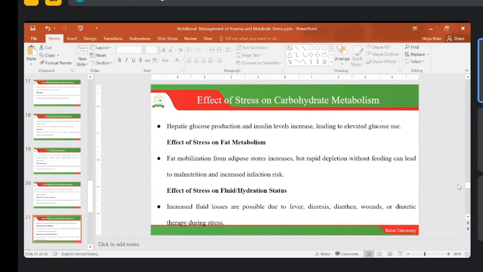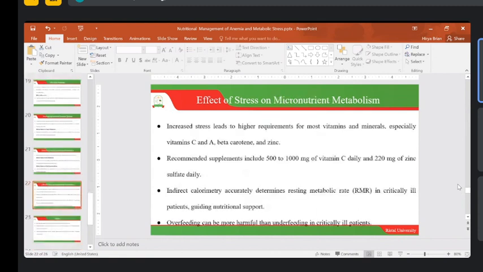Here is where we talk of the abdominal fat deposits, but rapid depletion without feeding can lead to malnutrition and also increase the risk of infection. And for the effect of stress on fluid and hydration, we are looking at increased fluid losses, possible due to fever, diuresis, diarrhea, wounds, and also diuretic therapy that happens during stress.